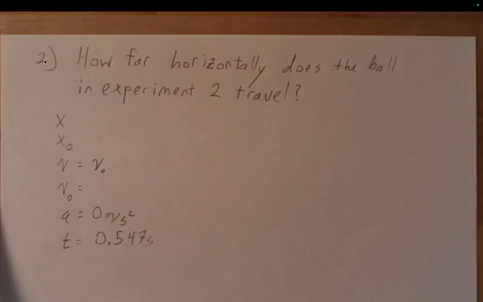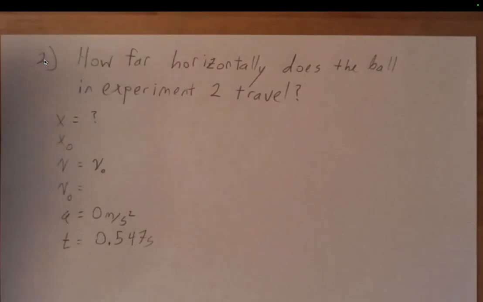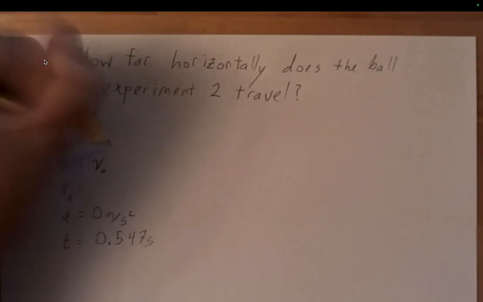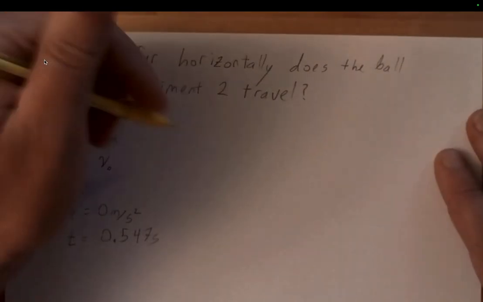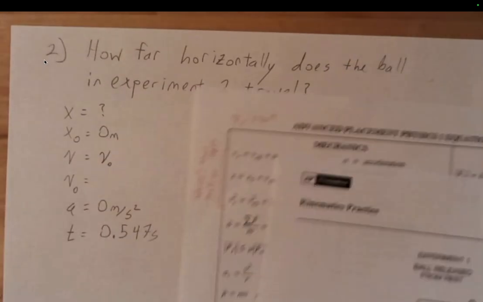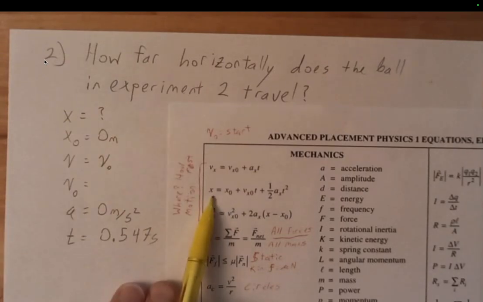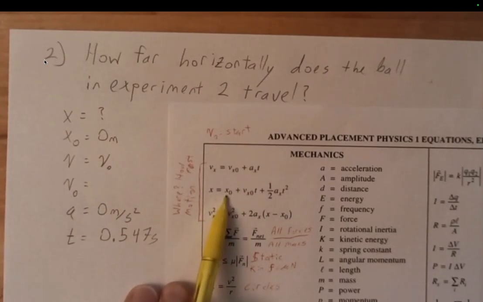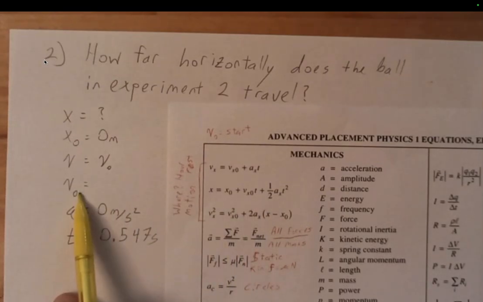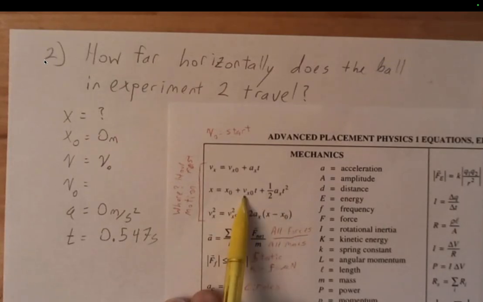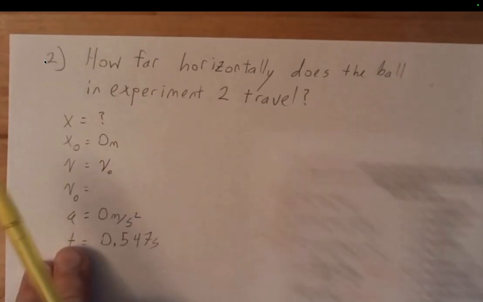If we try to figure out how far horizontally, this is what we're trying to get. The x naught is 0 meters. So we can use that equation on our equation sheet. I'm trying to get what x is, that's the how far. We know x naught. V naught is going to be the same value as v, and acceleration is 0. So v naught times t plus x naught will equal our x.